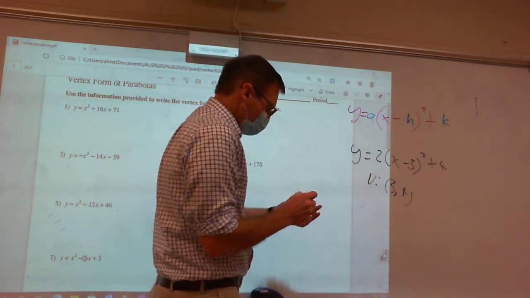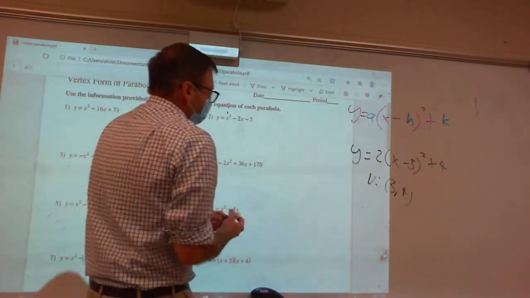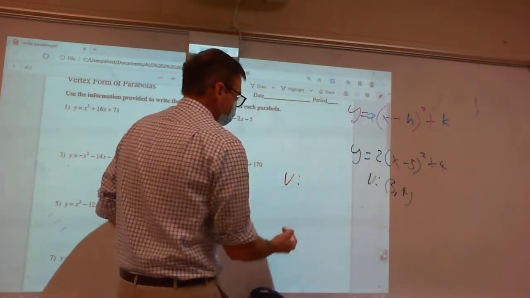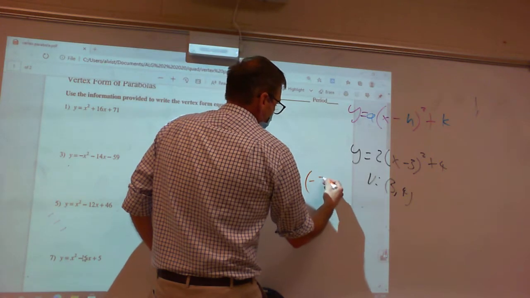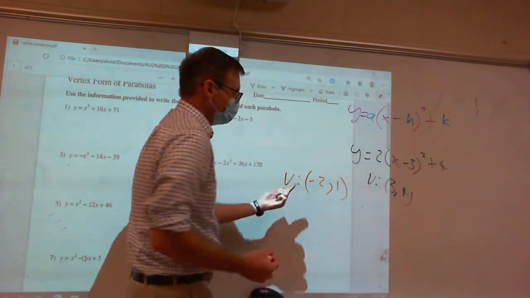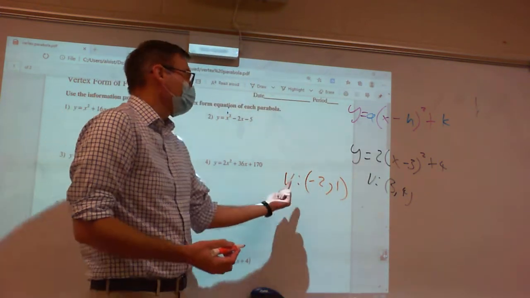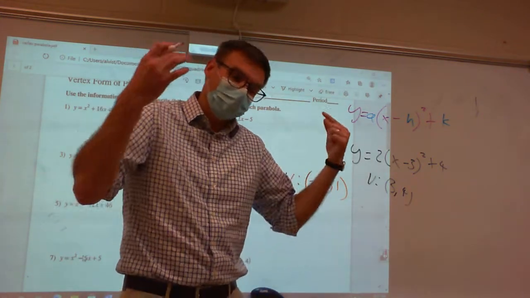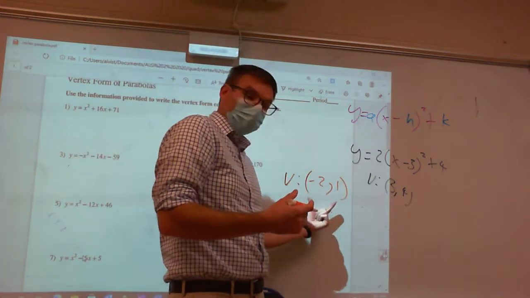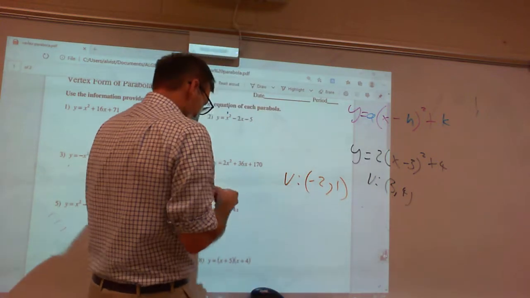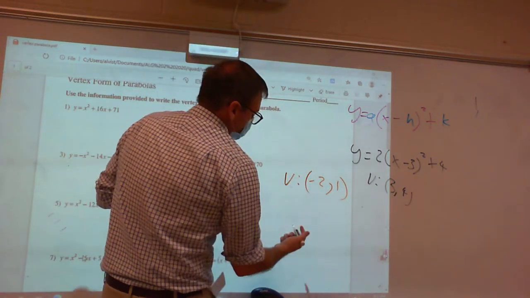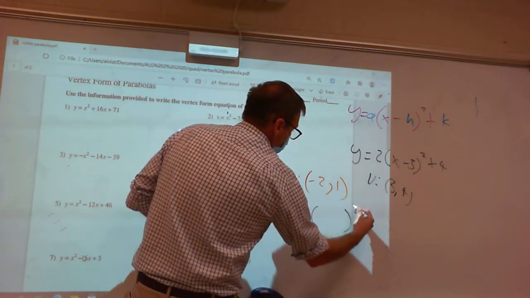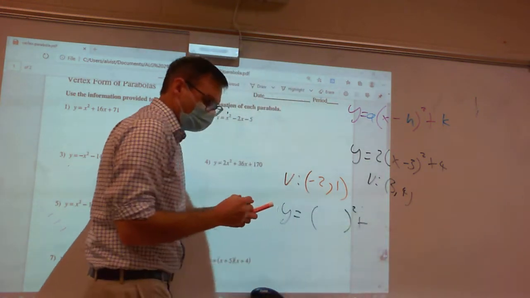What if I told you I want my vertex to be (negative 2, 1)? As far as going backwards, if I want my vertex to be (negative 2, 1), how could I create a parabola in vertex form? Well, everything's sort of set up where it's y equals something squared plus something.